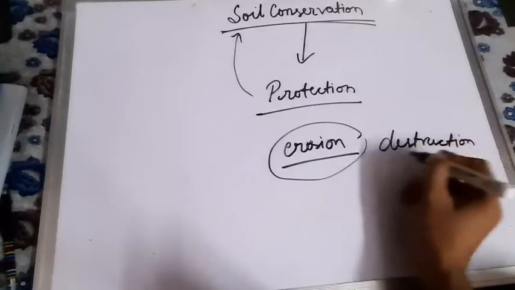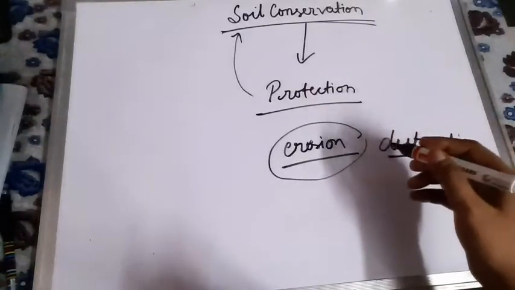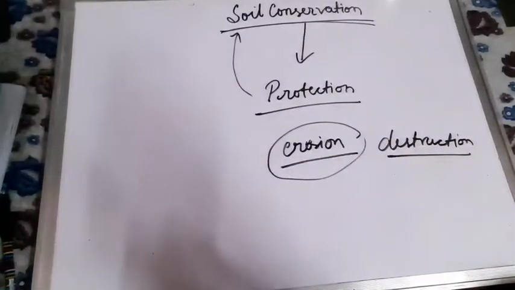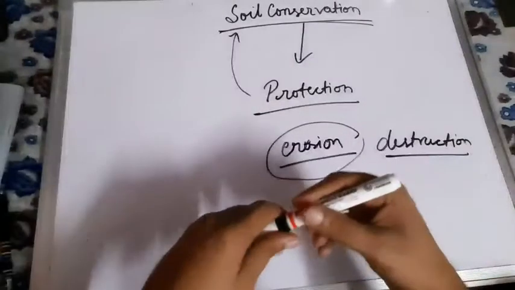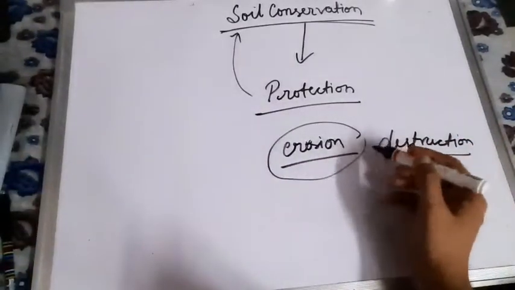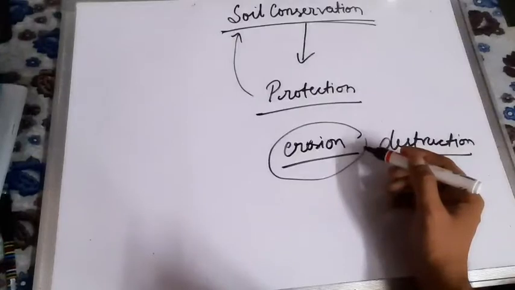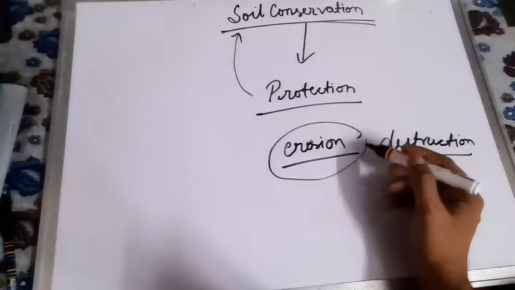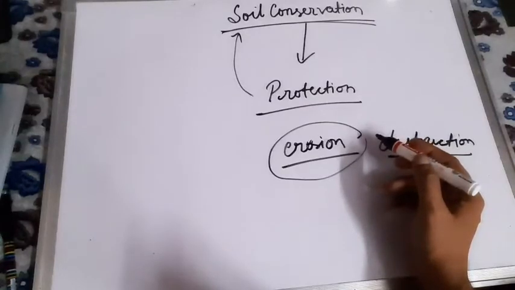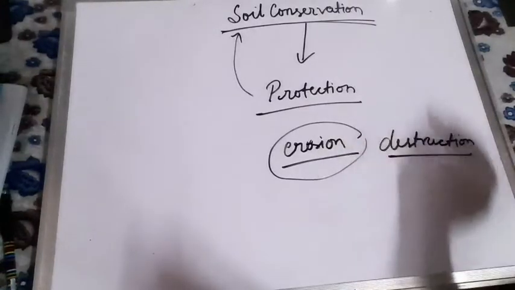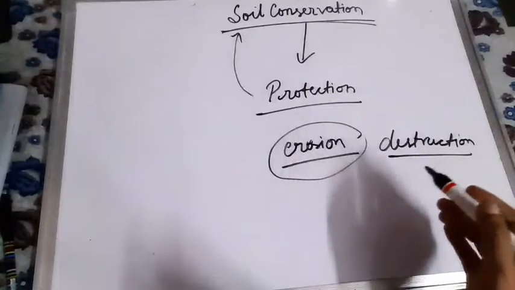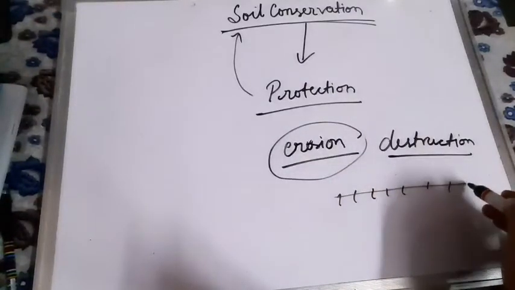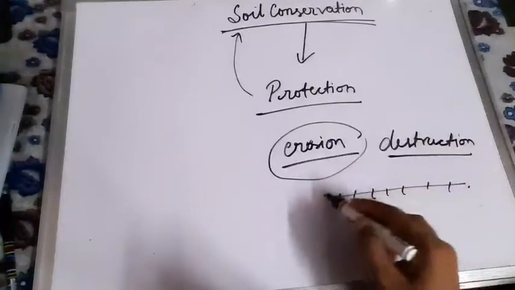I told you in how many ways soil erosion destroys the soil, with its different agents like water and wind, and different types of erosion like gully erosion, sheet erosion, and rill erosion. They harm the soil, and erosion generally means that the top layer of the soil gets washed away or removed. That is called erosion.